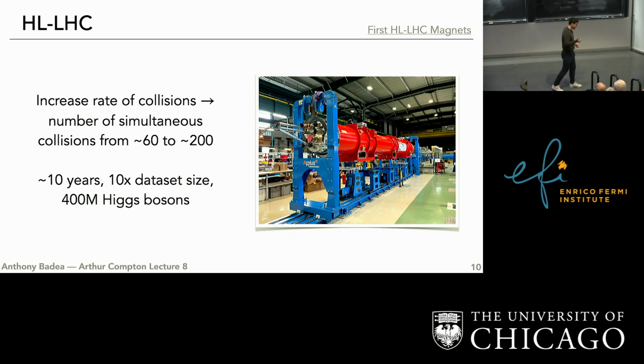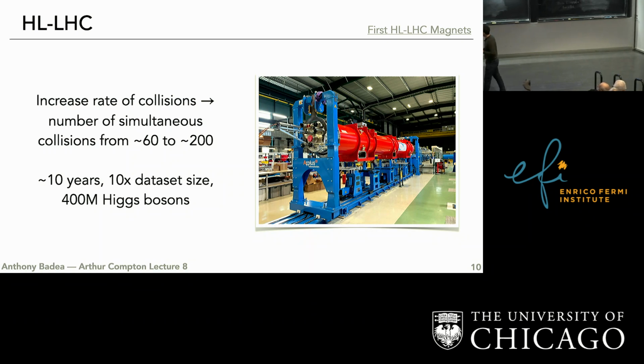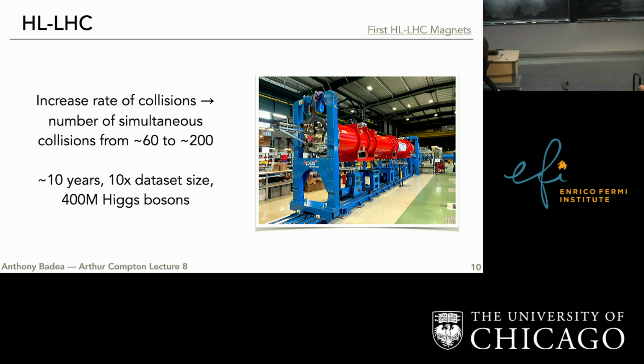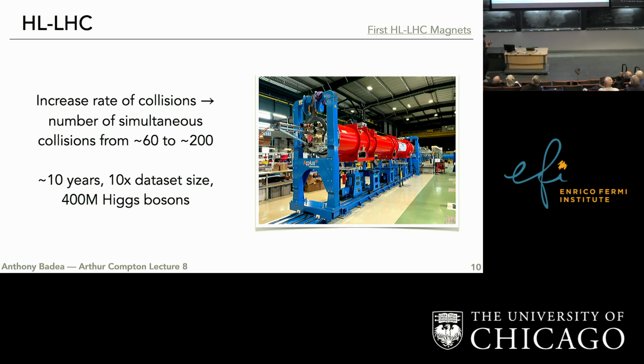It contains even more powerful magnets than are used right now. In the next shutdown in roughly 2 years, this will be installed and will ramp up the number of simultaneous collisions from around 60 per bunch crossing to around 200. So we'll dramatically ramp up the rate of collisions.